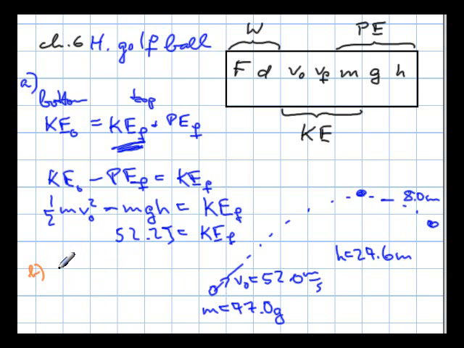So now at the very top I have the kinetic energy that I just calculated, so that KEF, and then on the right hand side I have kinetic energy, so KE. This is final kinetic energy part B.